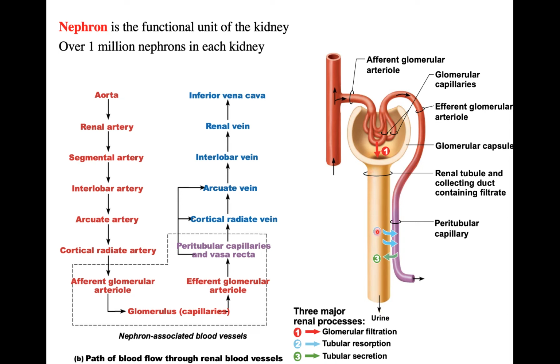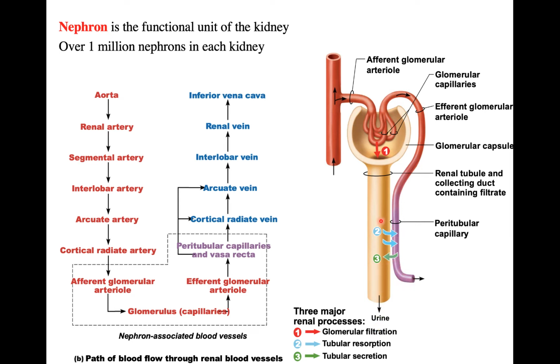So your tubule has a chance to say, hey, I filtered out a bit too much. Do you think we could reclaim some of this filtrate back into the blood? Because I don't want to pee it out. I need these proteins. I need this salt to stay in my body. So there's this way of passing solutes and water back and forth until we can balance out what truly is waste to pee out and what you should be keeping in your blood.